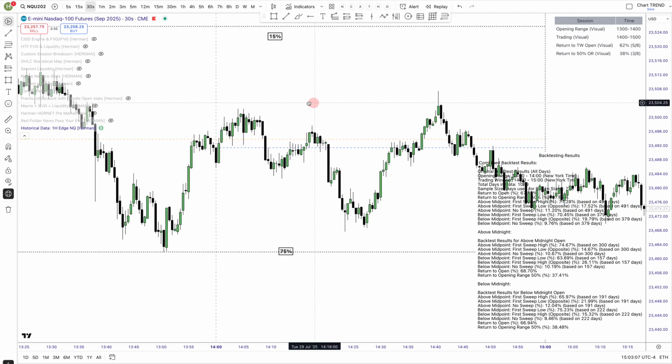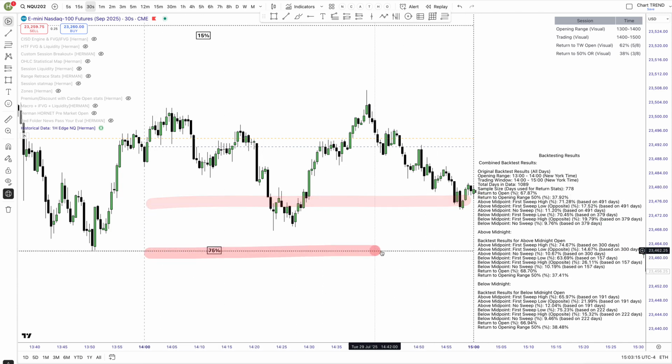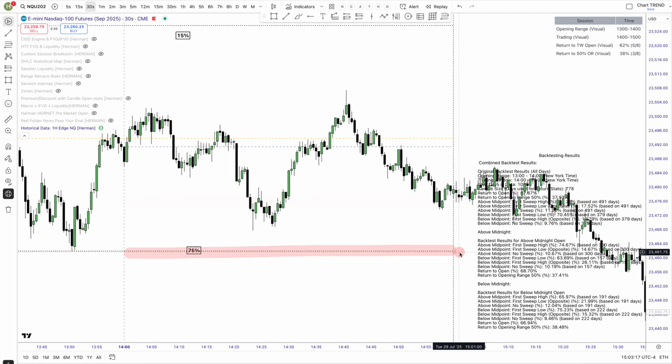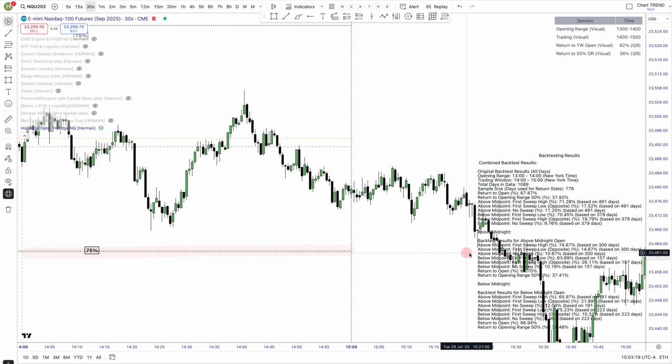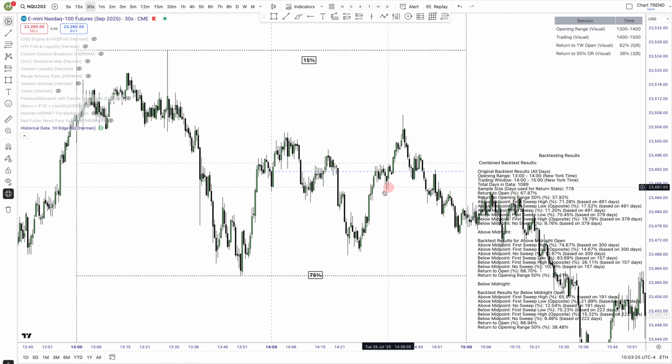And unfortunately we failed to do so within 1 hour of silver bullet from 2 to 3. We never swept that low. The power hour did it like 27 minutes later, so it was another 10% day of not sweeping that low.